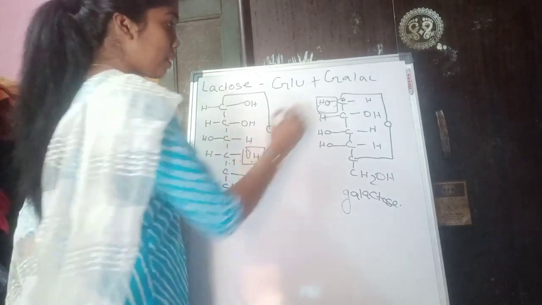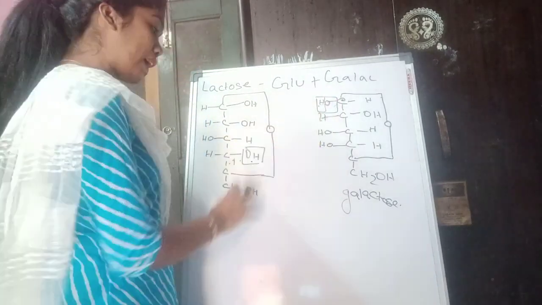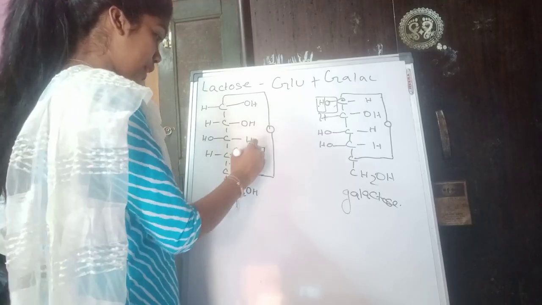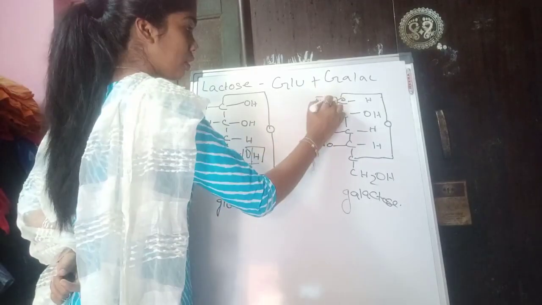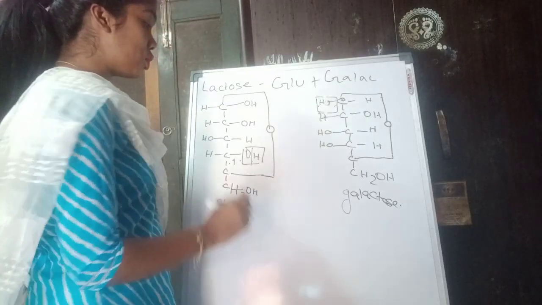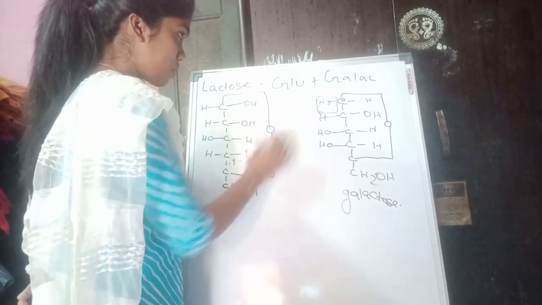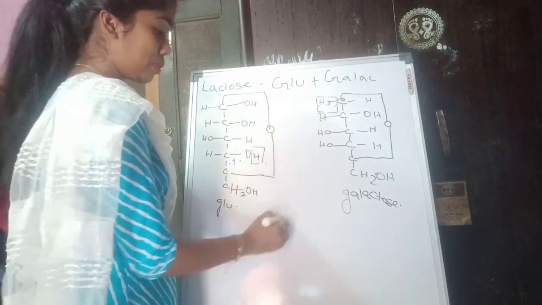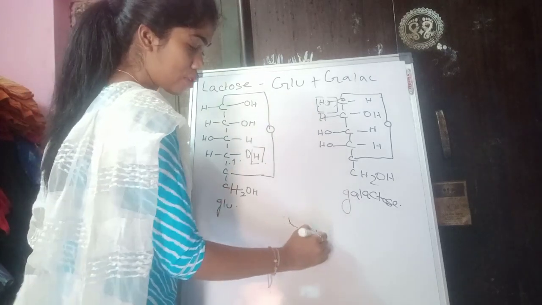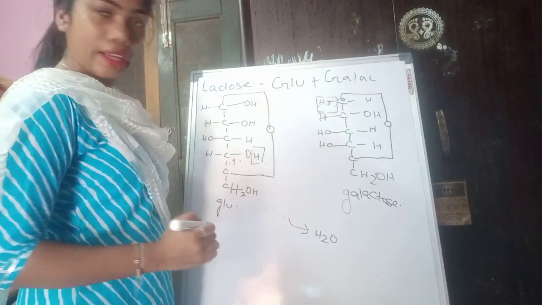OH from here and H from here, or I can say opposite also, H from here and OH from here will be removed. If this OH and H are removed, then what is being removed? H2O is being removed, right?